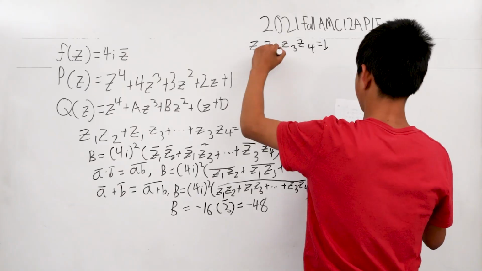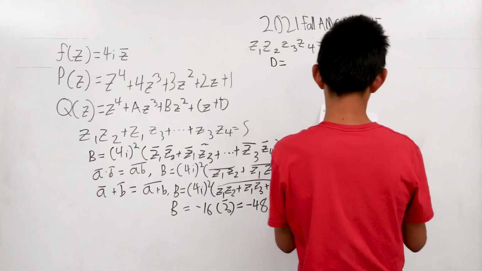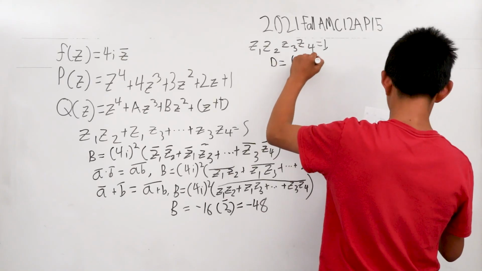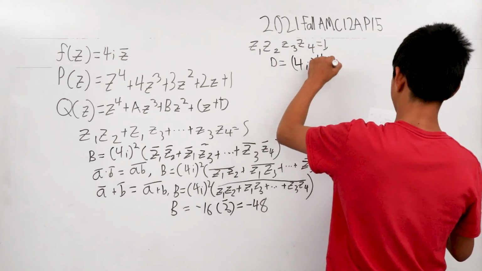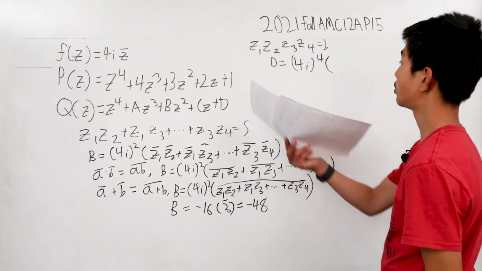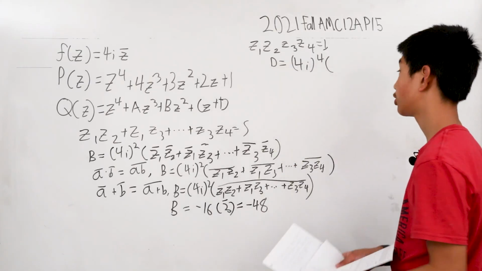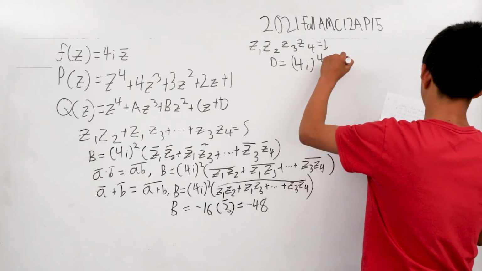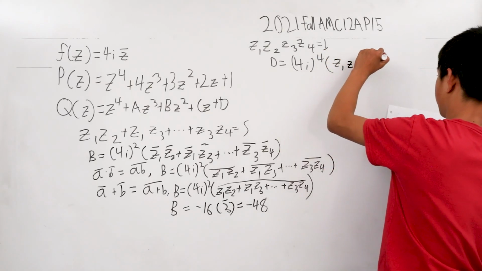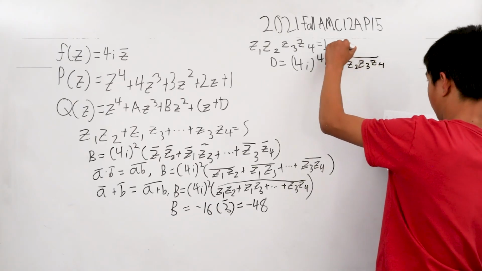So that means that d is equal to, same principle as earlier, 4i to the 4th power times all these roots, z1 z2 z3 z4, and take the conjugate of all of them.